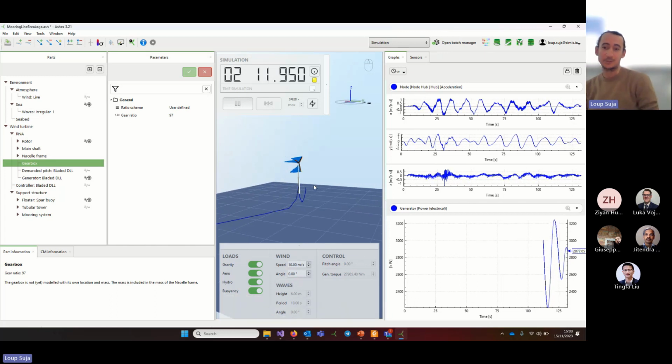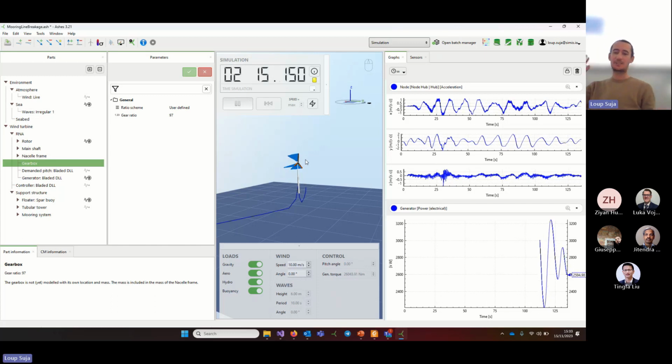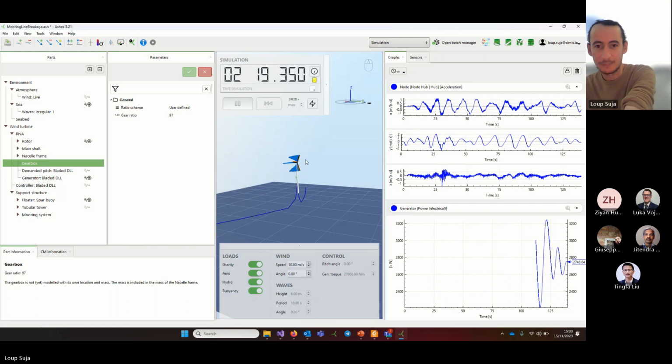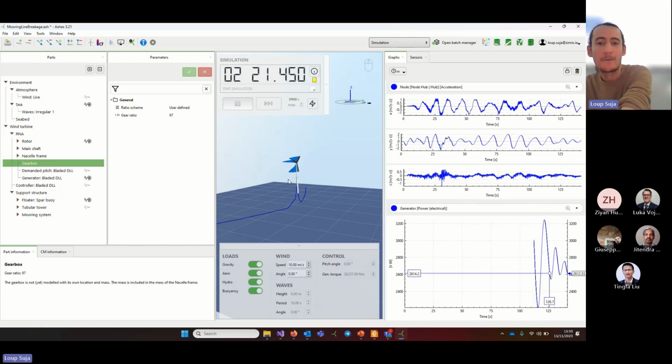There are ways to alleviate this effect if you play with the rotational speed or with the pitch of the blades. But there was a lot of variation before the mooring line broke, so giving a value now would also be difficult.